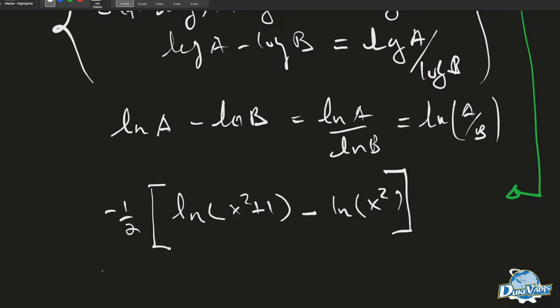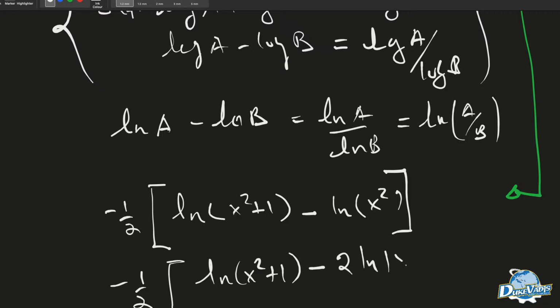Once again, we can say minus half into bracket: natural log of x squared plus 1, minus 2 natural log of x.